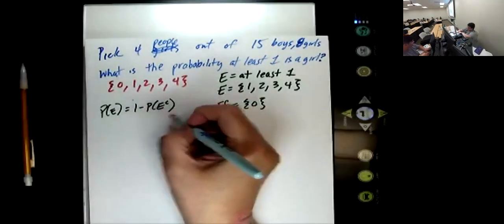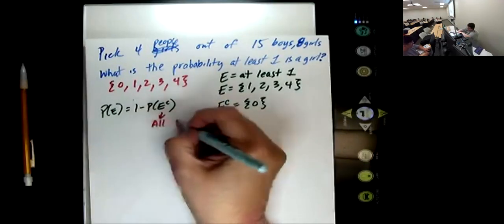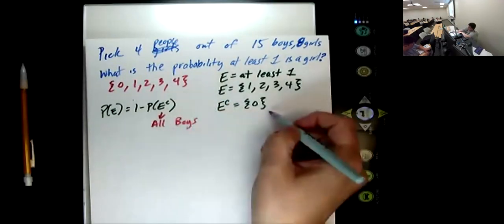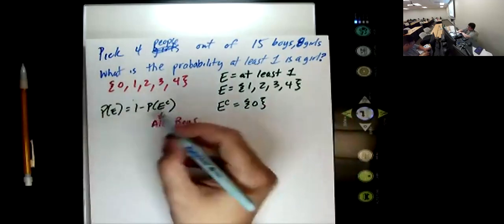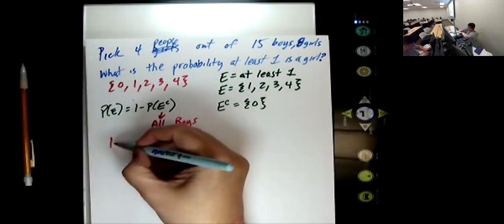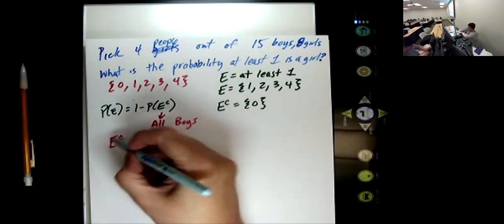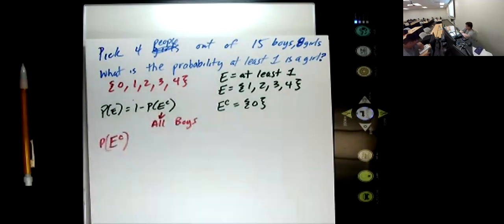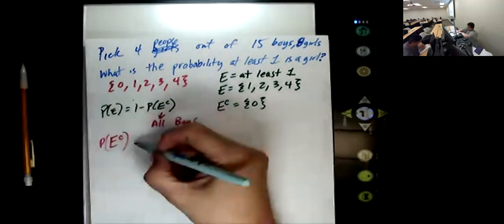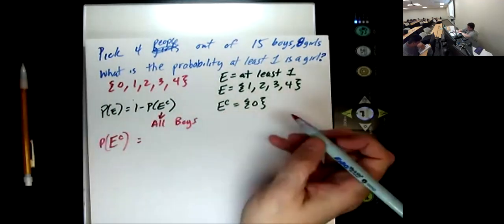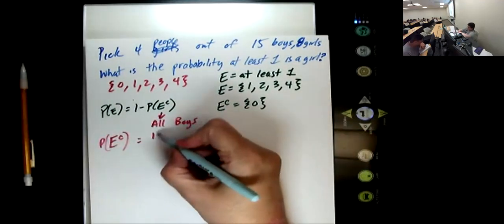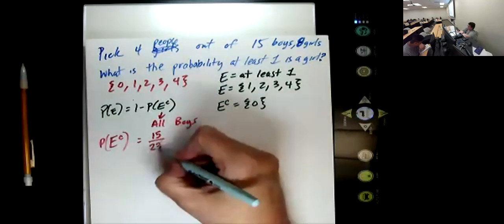This means E complement is all boys. No girls, all boys, because it's 0 girls. So E and E complement are related. For the first one we could pick 15 boys, and there's 23 people remaining.